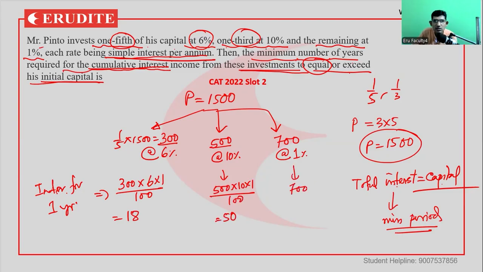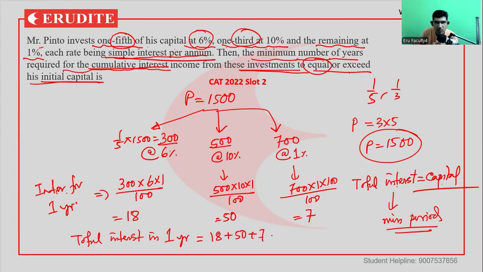And this is 700 into 1 into 1 by 100, which is equal to 7. So what's the total interest in 1 year? That is equal to 18 plus 50 plus 7, which is equal to 75.